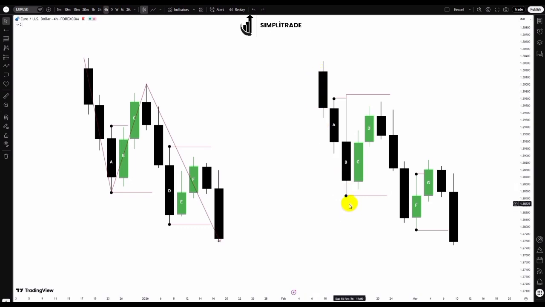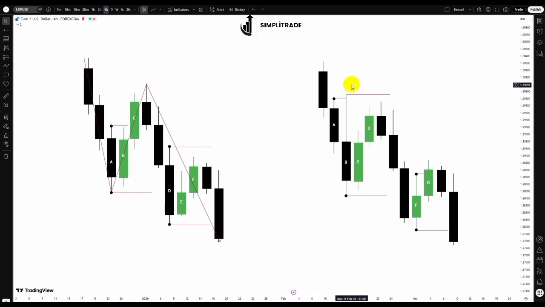But what we are going to see in candle B is this. Candle B took out the high of candle A before trading to the downside. So it means that within candle B's movement, we also had a pullback, because candle B gave a corrective movement first.